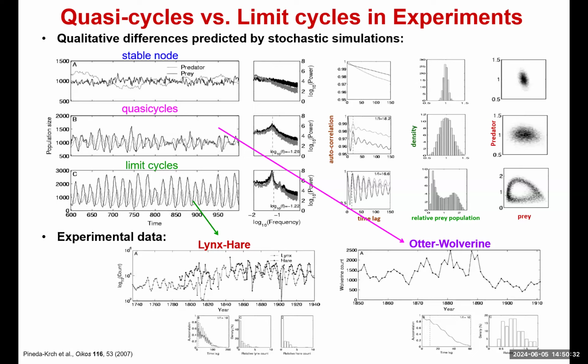This one it's not quite clear. Maybe close to a limit cycle. I'm not sure. I'll show you other data in a minute. So that's what we believe is happening in these space-independent but time-dependent patterns in an interacting ecosystem.